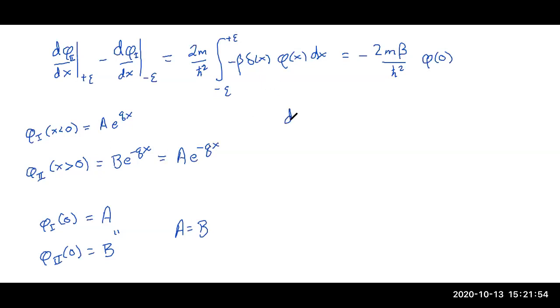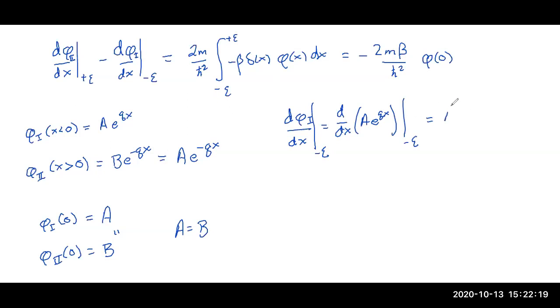So if I take the derivative of phi 1 with respect to x, that is the derivative with respect to x of a e to the qx. And then I'm going to evaluate it at negative epsilon.